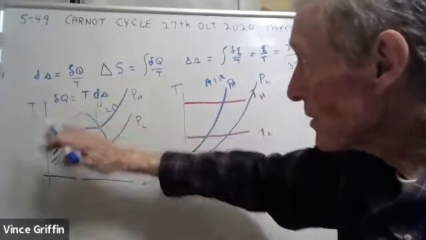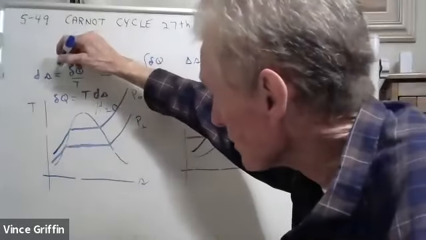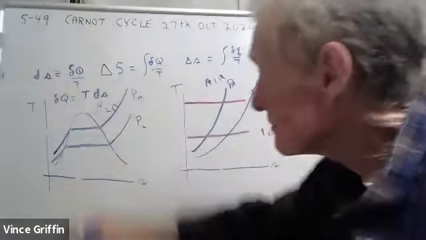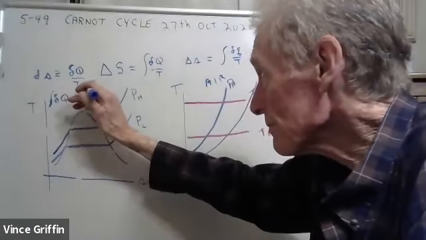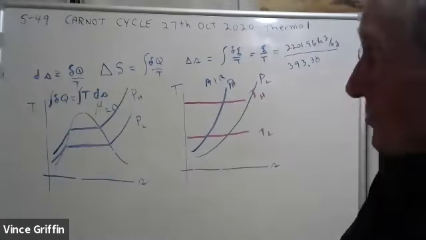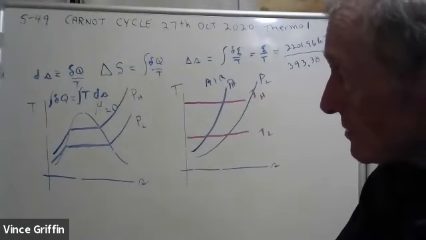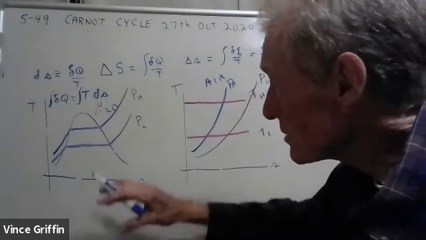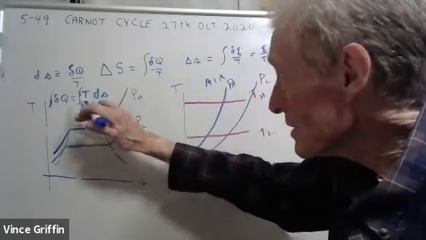I know you can get from here to here. This is really a definition. Now, if you want the total heat transfer, can you see that it's the integration of your TdS? You know what that is? That's the area under your TS graph.